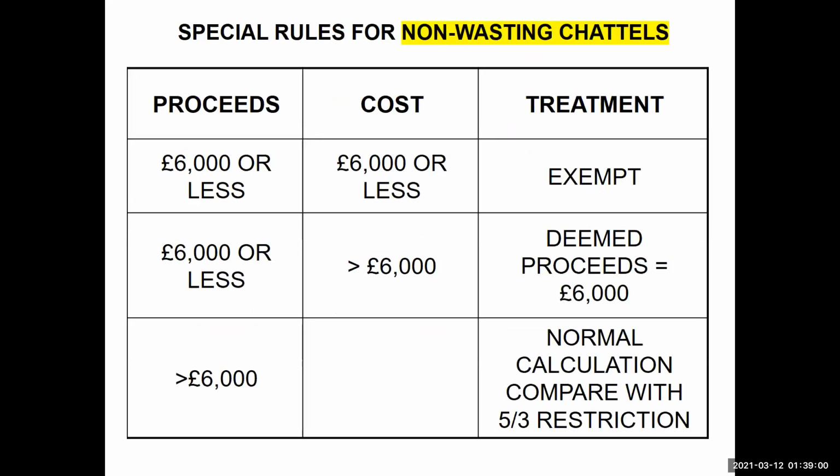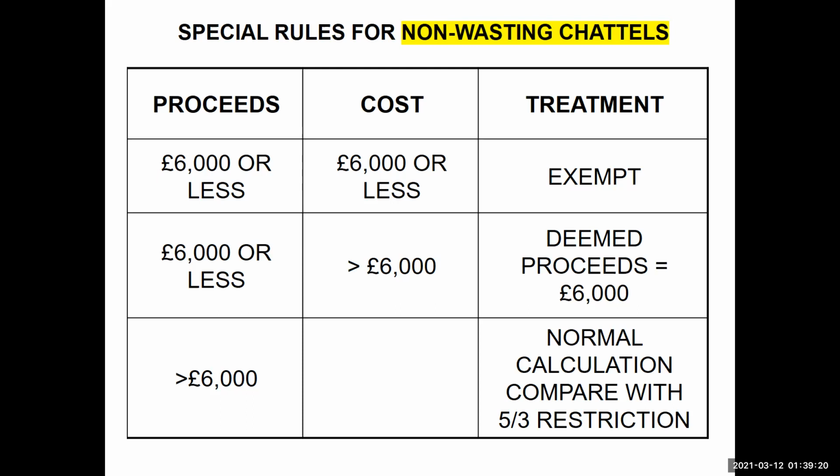So, in a nutshell, the special rules for non-wasting chattels: if the proceeds are 6,000 or less, and the cost of the item is also 6,000 or less, it's exempt from CGT.